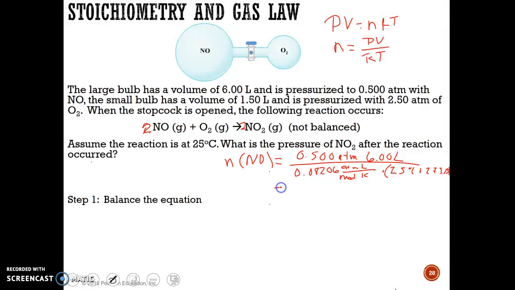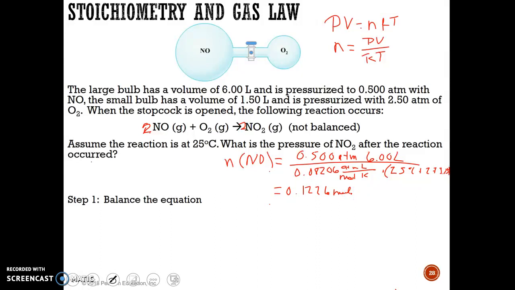So when we work this out, in your calculator, you should get 0.1226 moles.